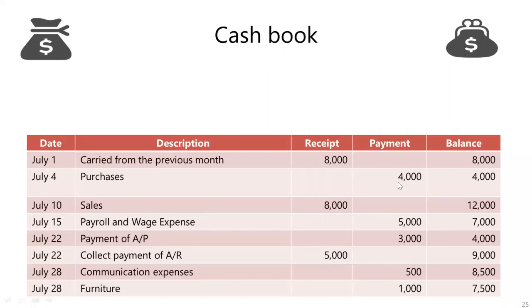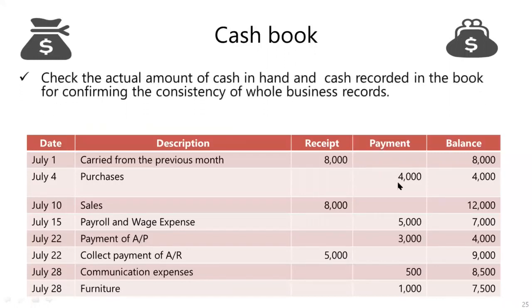Let me explain about the cash book. The cash book is to check the actual amount of cash in hand against the cash recorded in the book, for confirming the consistency of the whole business record.